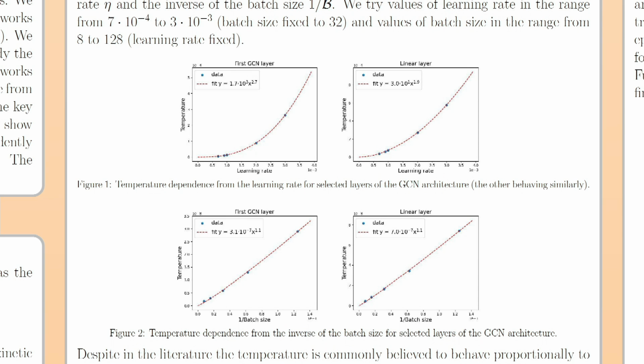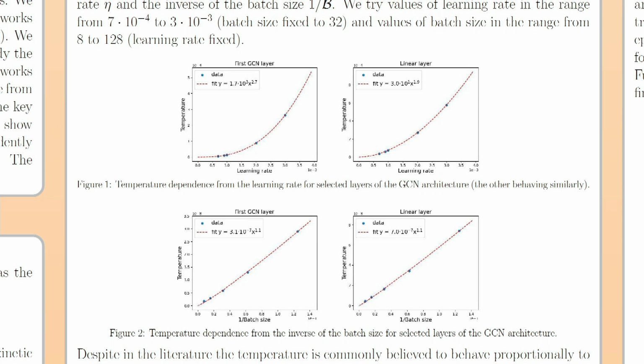This result of the temperature is of course averaged on the epochs, but also on the parameters of the layer. We can see that the dependence with respect to the learning rate is not linear, as it is stated in literature, where the temperature is, as I said, learning rate over batch size, but it's quite parabolic.